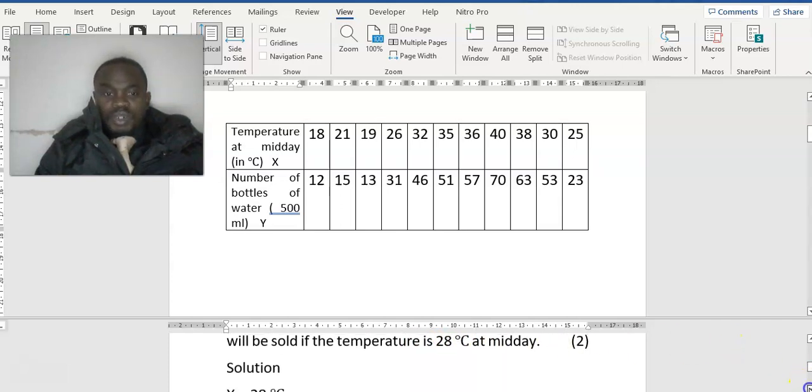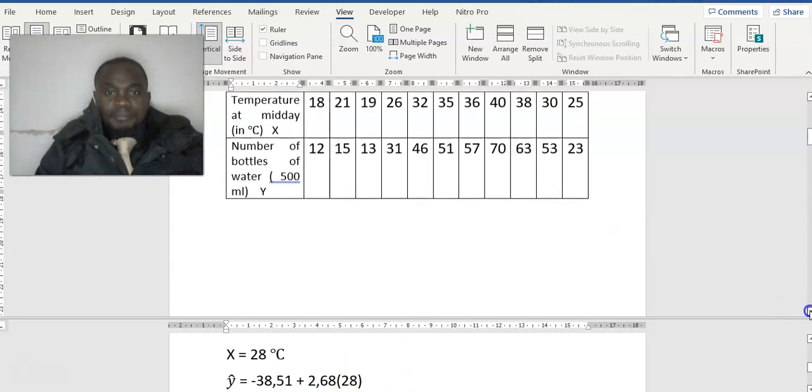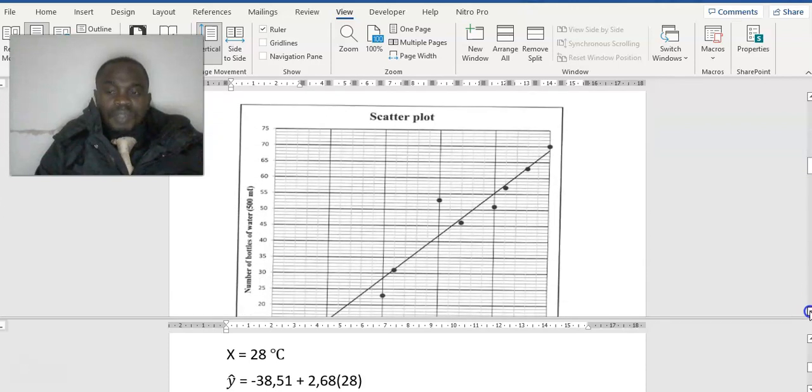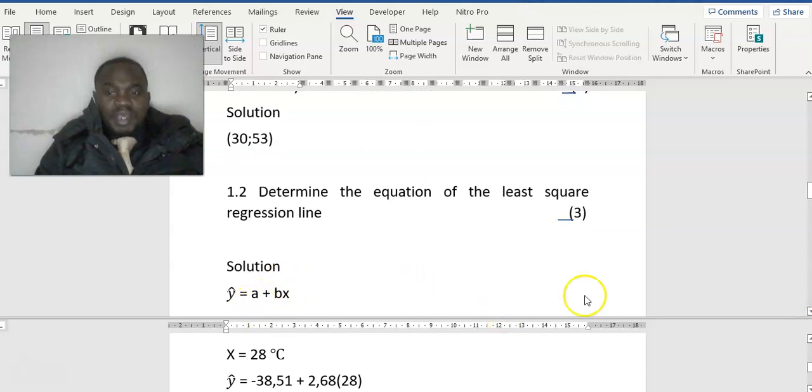So we need to substitute into the equation. Our X is this. If you substitute into the equation, we are going to have minus 38,51 plus 2,68 X. Our X is what? 28.